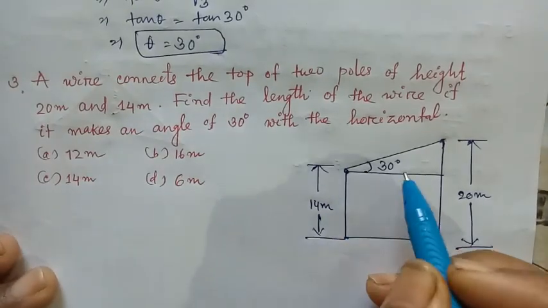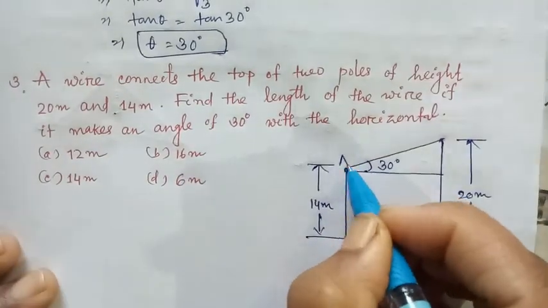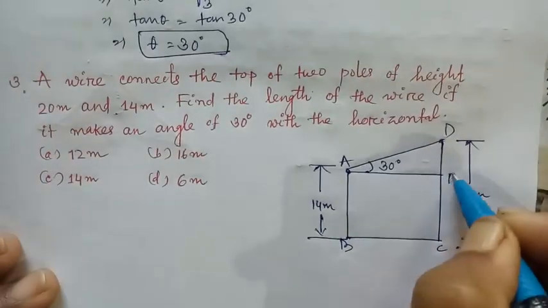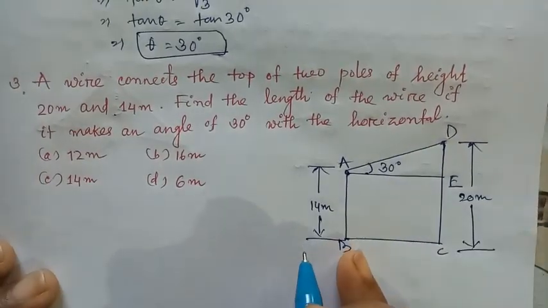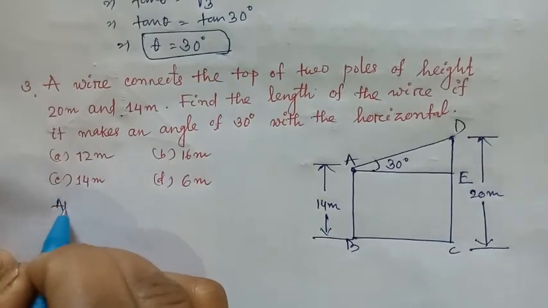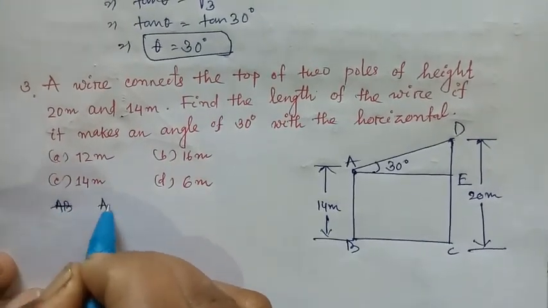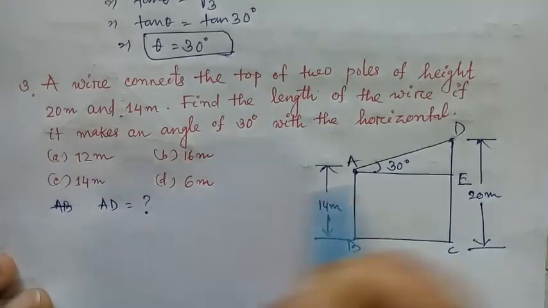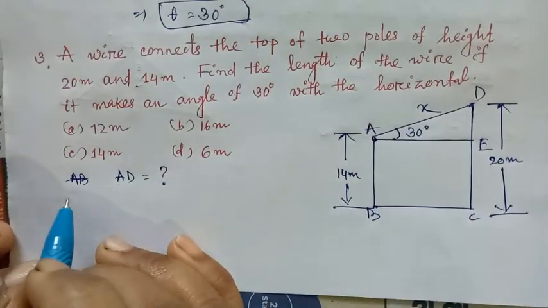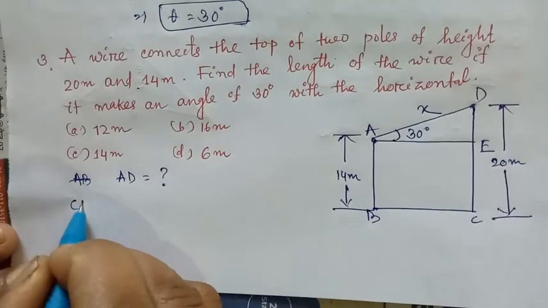We have to find out, name it as A, this is B, C, D and E. We have to calculate the length AD. Let it be X. In the figure, CD is how much?